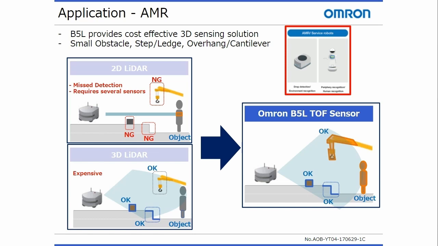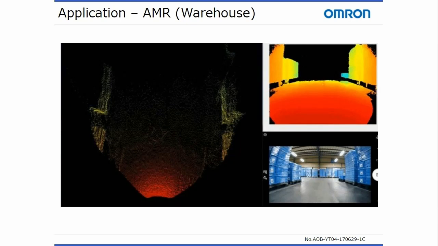The B5L is solving many perception problems, not only with LiDAR, but also many other 3D vision sensor technologies that are currently available on the market, including ultrasonic, stereo, structured light, and others. The video on the next slide shows the B5L being used in a warehouse AMR application, demonstrating the B5L's real-time 3D vision capabilities.